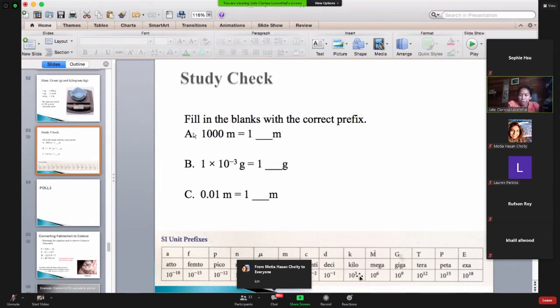So whatever your base is, that's going to be on your bottom. So 1 times 10 to the 3 meter is 1 kilometer. Okay. 1 times 10 to the minus 1 meter is 1 decimeter. 1 times 10 to the minus 2 meter is 1 centimeter. Are you following?